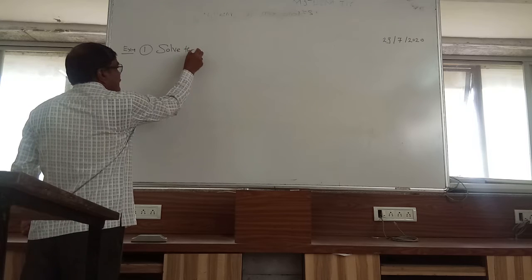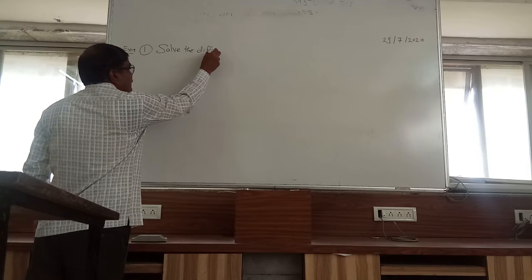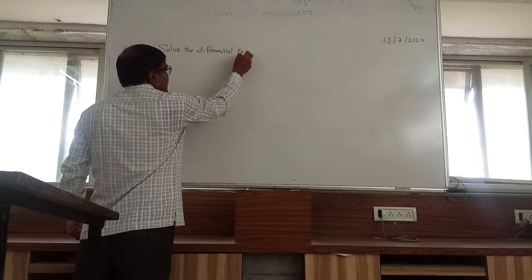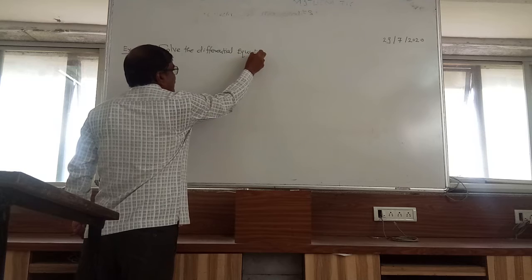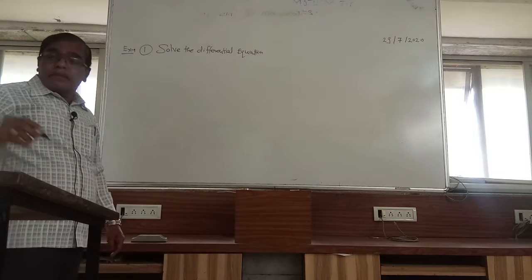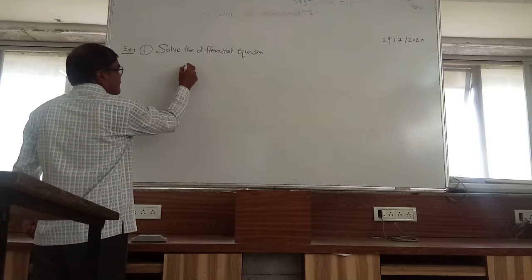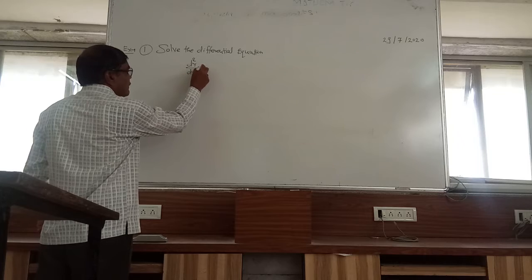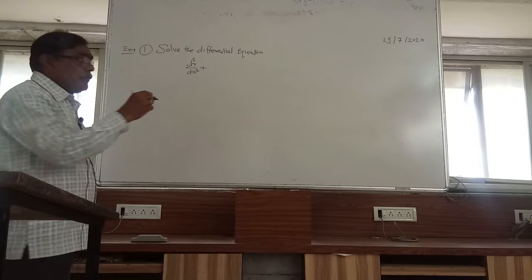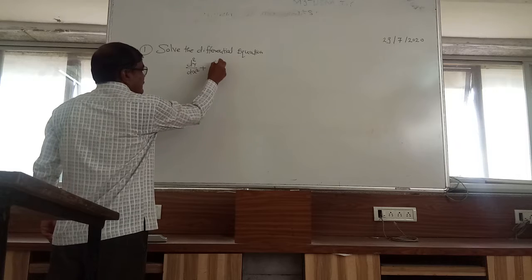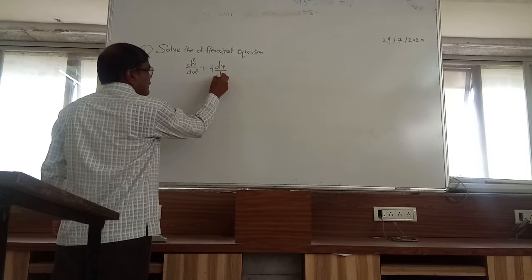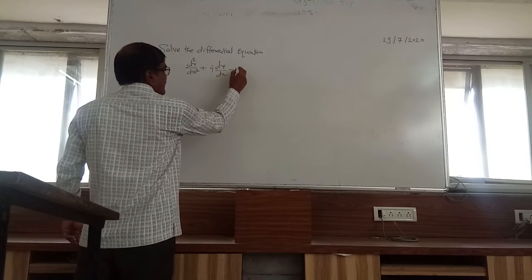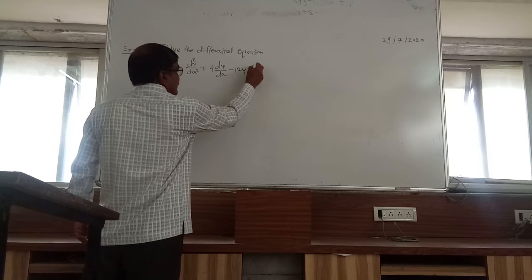Solve the differential equation d2y by dx square plus 4 dy by dx minus 12y is equal to e raised to 2x.